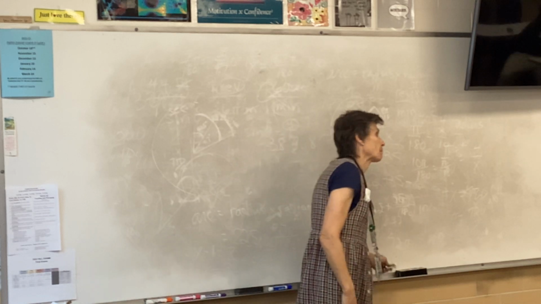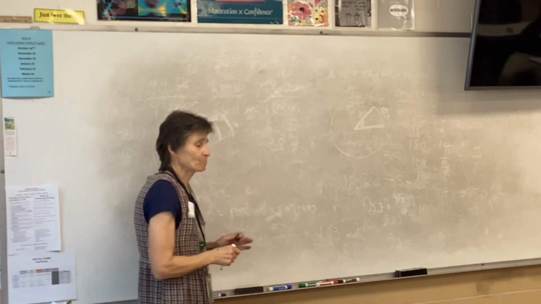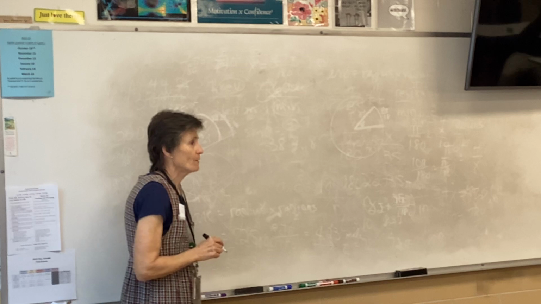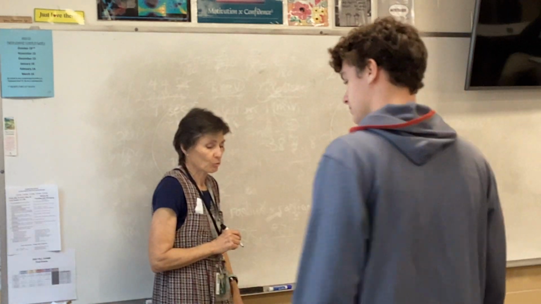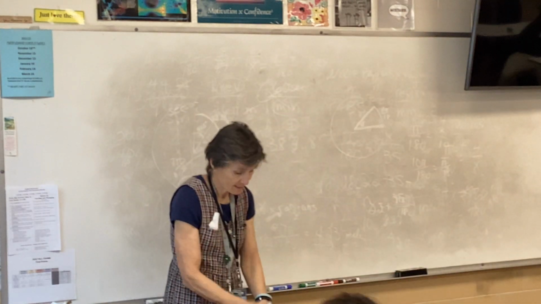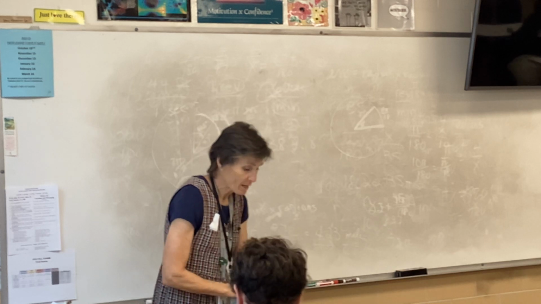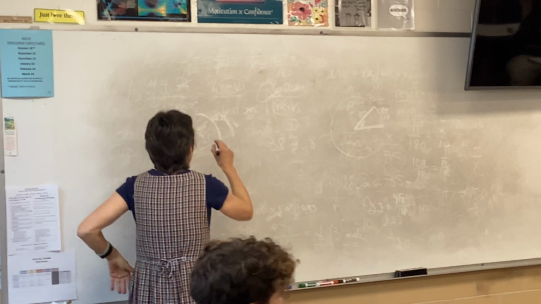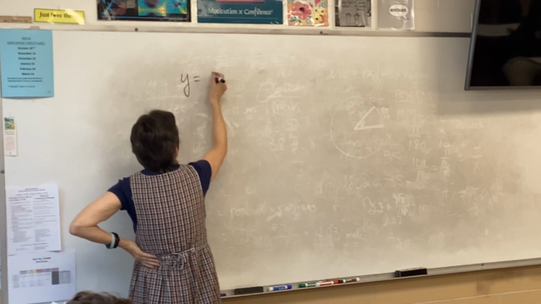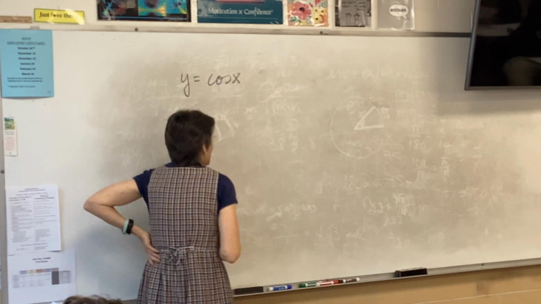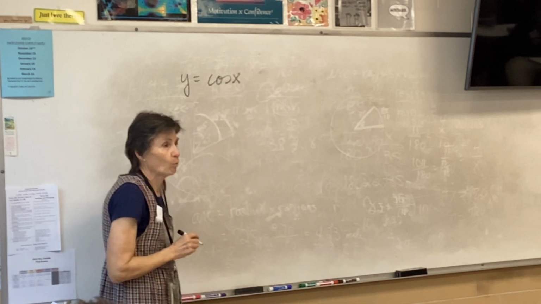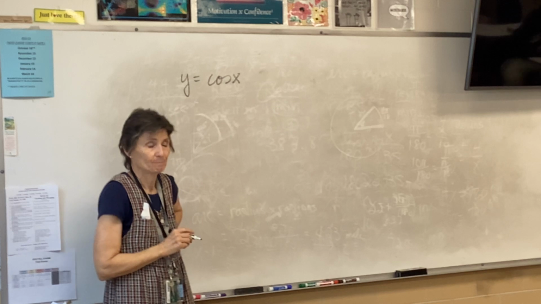Okay. We aren't going to go through all of our graphing this carefully, but we are going to look carefully at the sine and cosine. Alright, so here we go. We're gonna graph y equals cosine x.